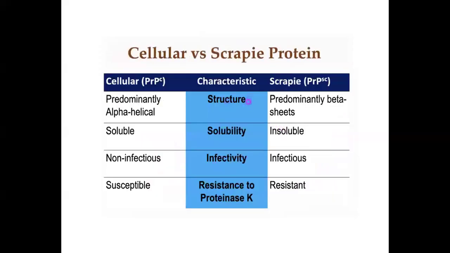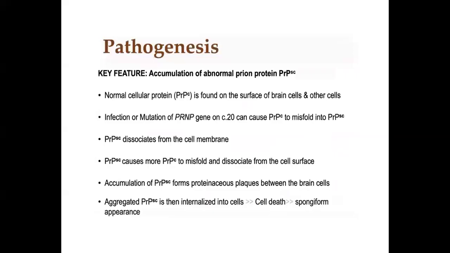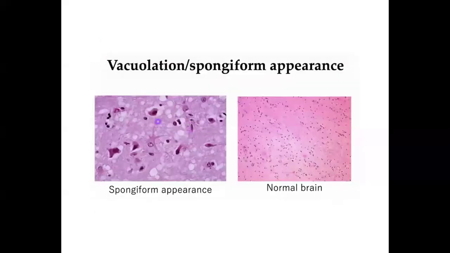Before I explain this, I wanted to show you this spongiform appearance. What happens is, let's say you ingest the prion protein, it finds its way to the blood-brain barrier, crosses over the blood-brain barrier, then enters the brain. When it enters the brain, it will trigger apoptosis. You know, apoptosis is cell death.